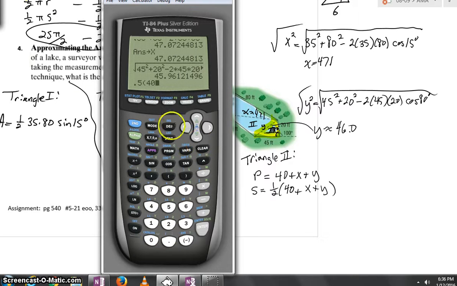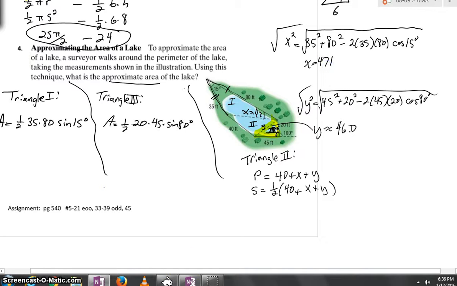Oop, do you know what? I did not store my previous answer in there for Y just yet. I had Y solved for. If we hit enter again, we've got that. You might want to hit store and then hit alpha Y. So it got slowed down just a little bit. But now we have X and Y remembering those values.